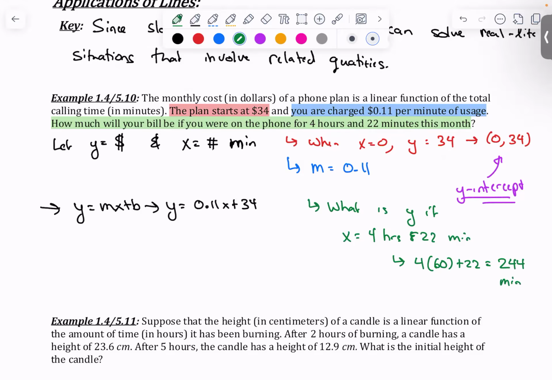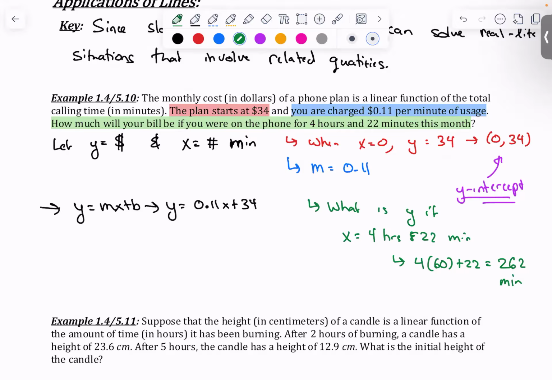Wait, no, 262 minutes. I can do math, I swear. Yeah, 240 plus 22 is 262. Good. So that's what it's asking. What is y if x is equal to 262 minutes?